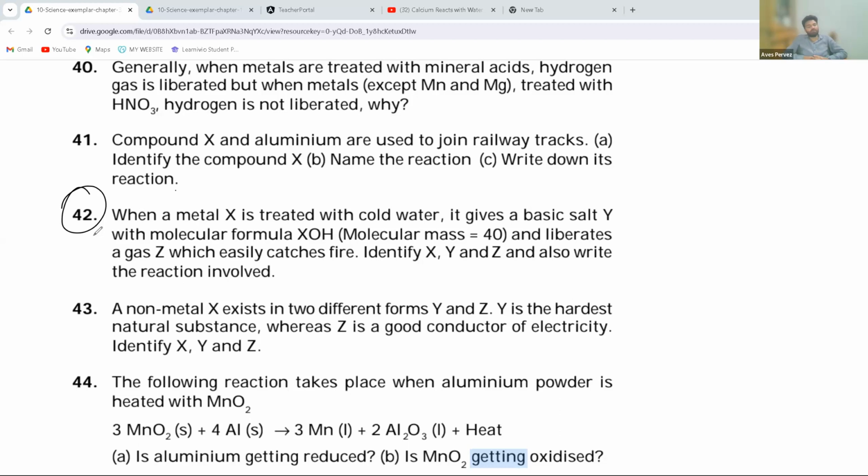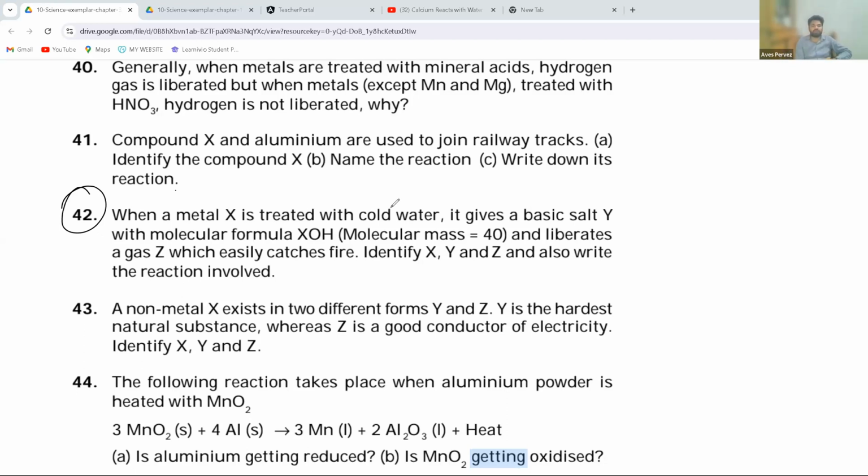No, I'm confusing you. Your answer is correct. But the molecular mass of what? The molecular mass of sodium hydroxide. Yes, the molecular mass of sodium hydroxide is 40.